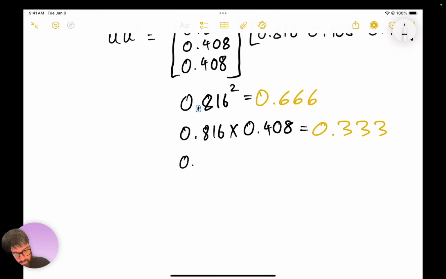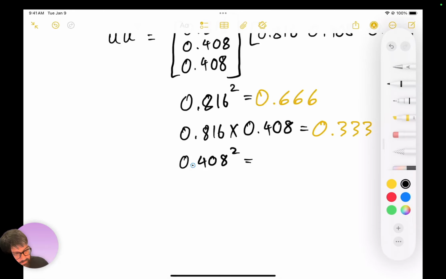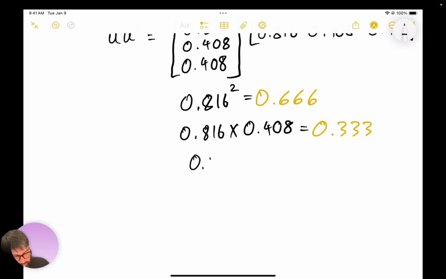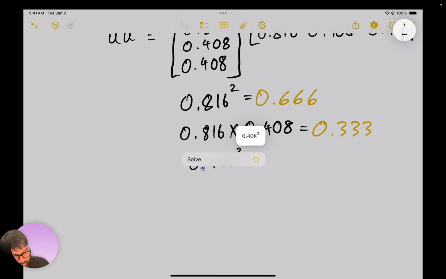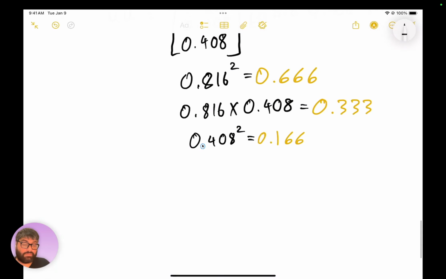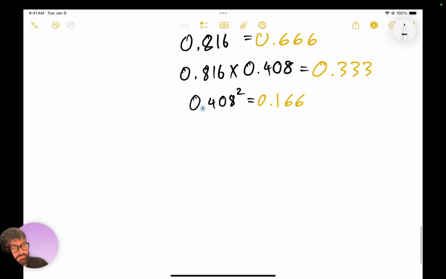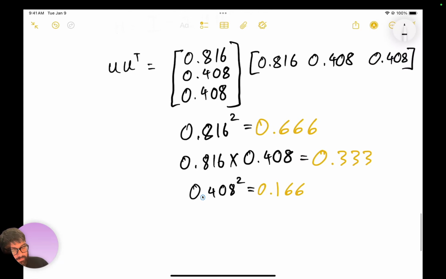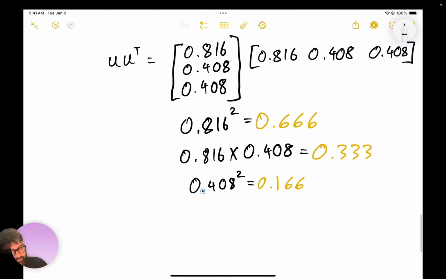And then we have 0.408 squared, which is, I don't know why the solve didn't happen. You can do that again. 0.408 squared equals 0.166, right? So those are the values. So let's just fill up our matrix over here.